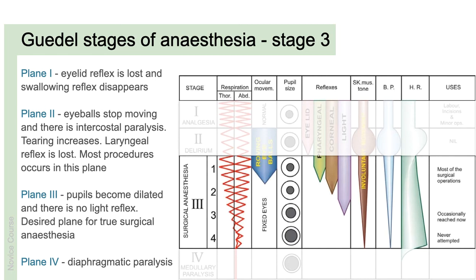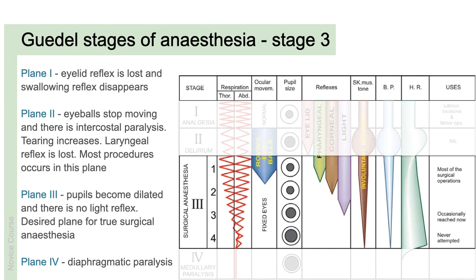Now, between planes 2 and 3 is where most operations are performed. And it's important to know that by the time you get to plane 3, which is what we describe as true surgical anaesthesia, we may need to consider supporting a patient's cardiovascular system.